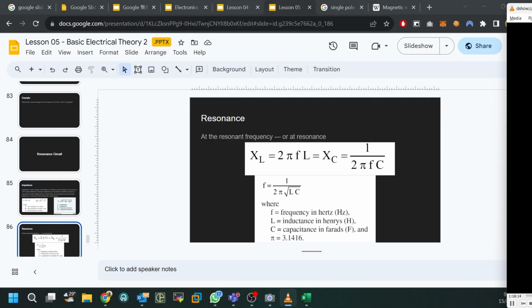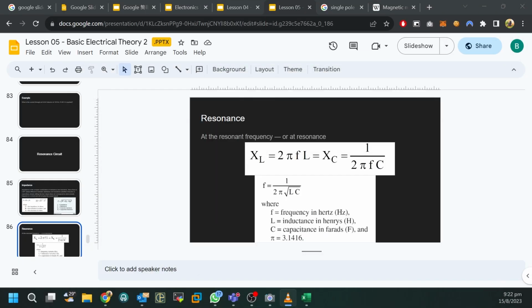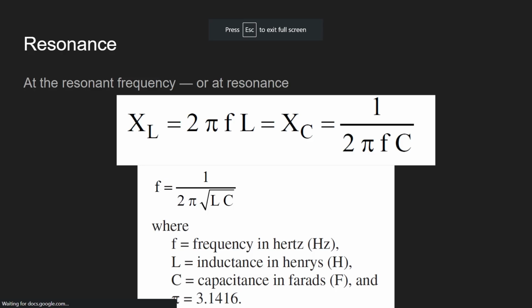But if you can't do the math, and you think the deduction from XL equals XC is very hard, you can just remember the second formula. But I would prefer it this way, because I think memorizing fewer equations is more helpful to me.